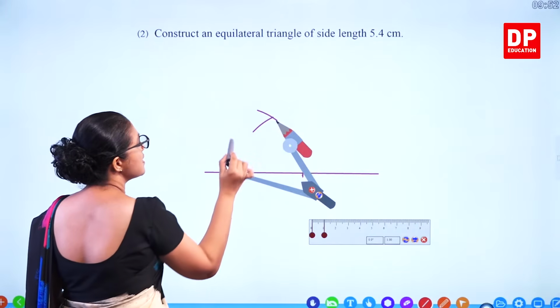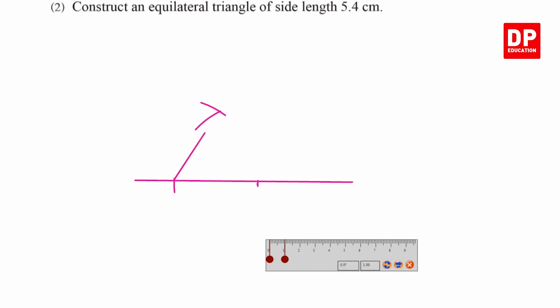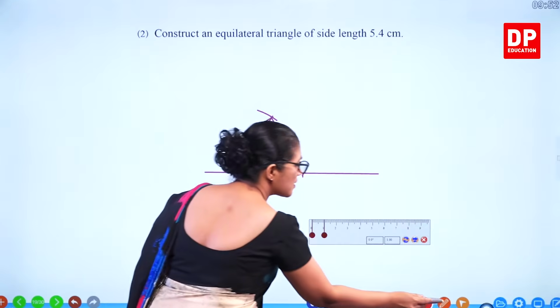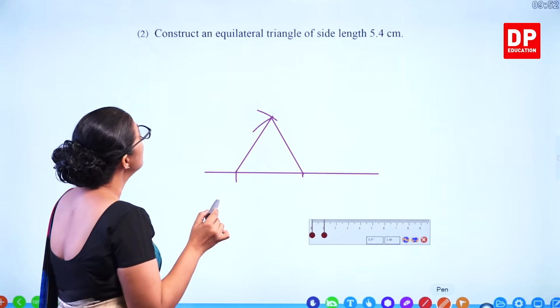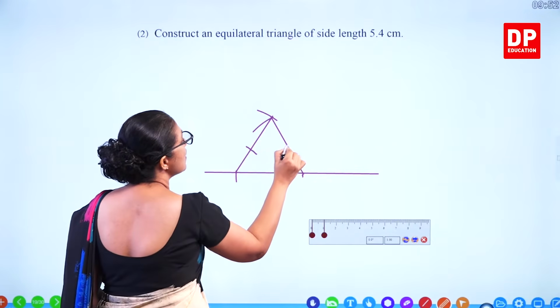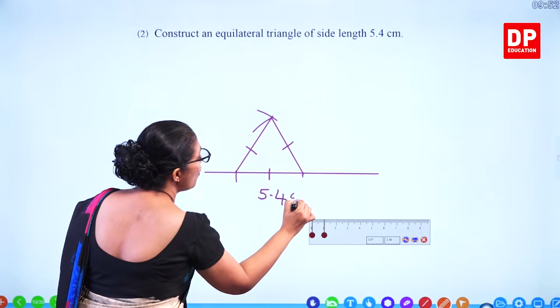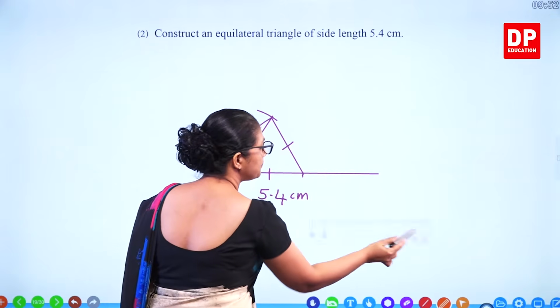So the intersecting point is the other point. Take the ruler and connect these points. So what's the triangle? You don't need to label, but all sides are equal. That's 5.4 centimeters.